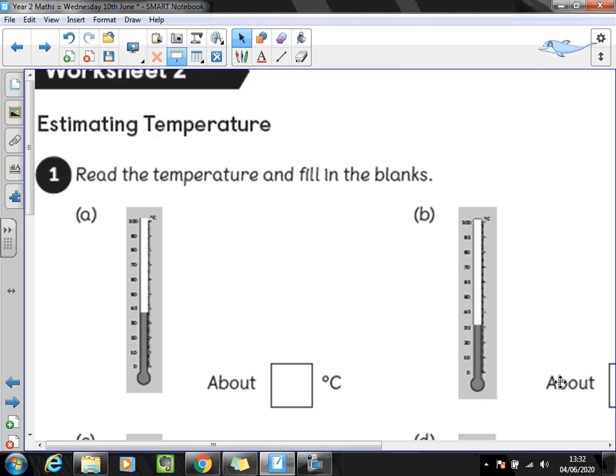Okay, for your independent learning, then we're going to continue to estimate the temperature of these thermometers and fill in the blanks. Hopefully, if you've printed the worksheets out, your images will be nice and clear, but I think they're just about clear enough for you to estimate roughly. You can make out those numbers, those multiples of 10. So question 1a and question 1b.